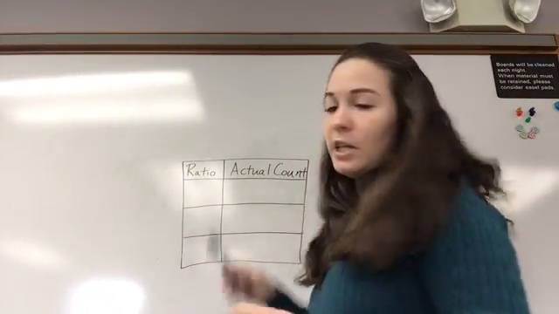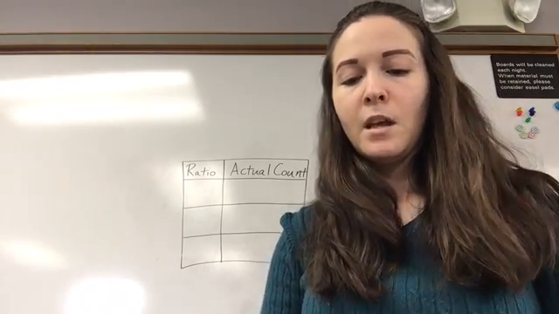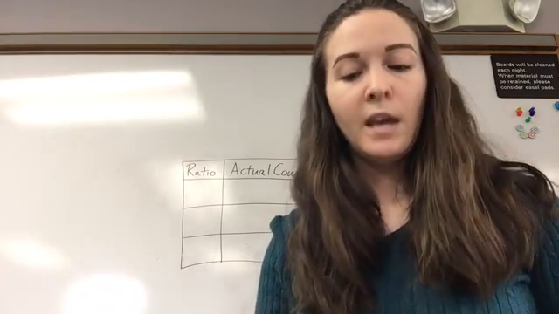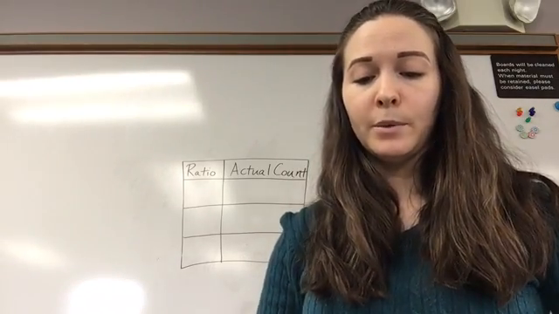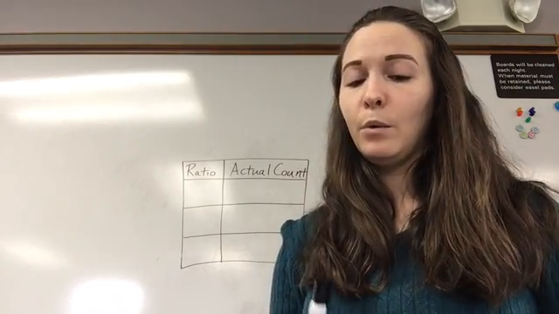Alright, so we've got our ratio and our actual count. Let's look at problem A. Sparrows and crows perched on the wire had the ratio of 5 to 3. If the total number of sparrows and crows on the wire was 72, how many were crows?